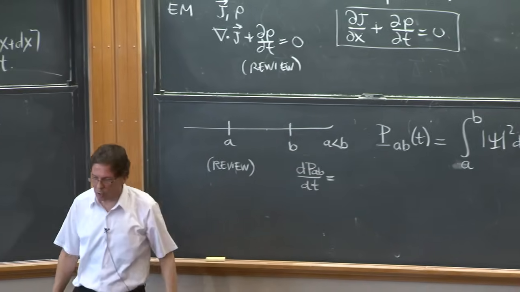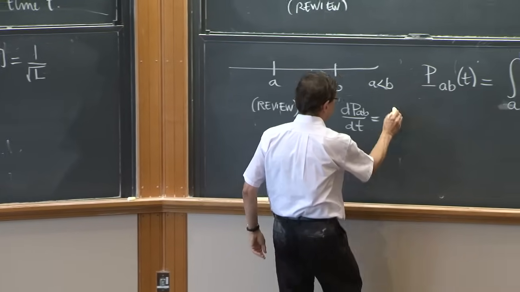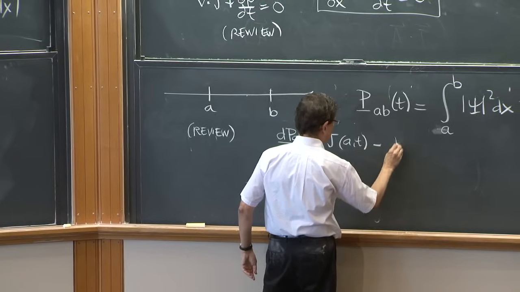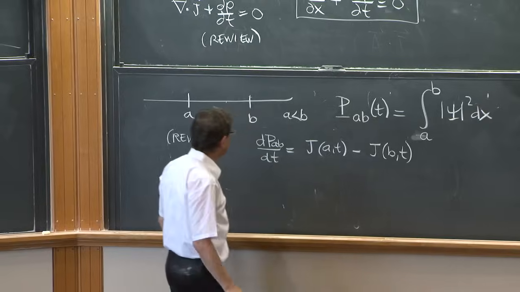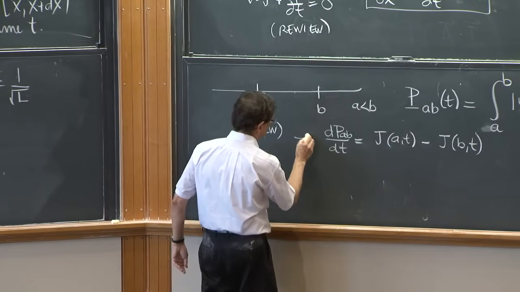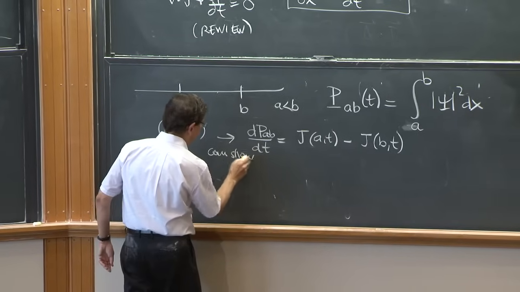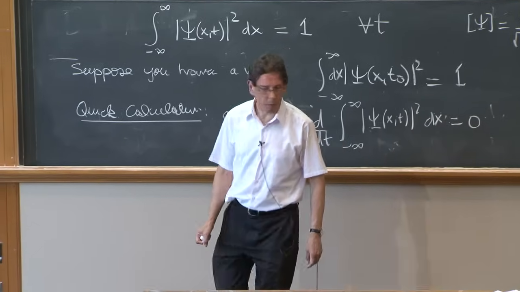So it's actually given by J of A and t minus J of B at time t. You can show, and please try to show it.